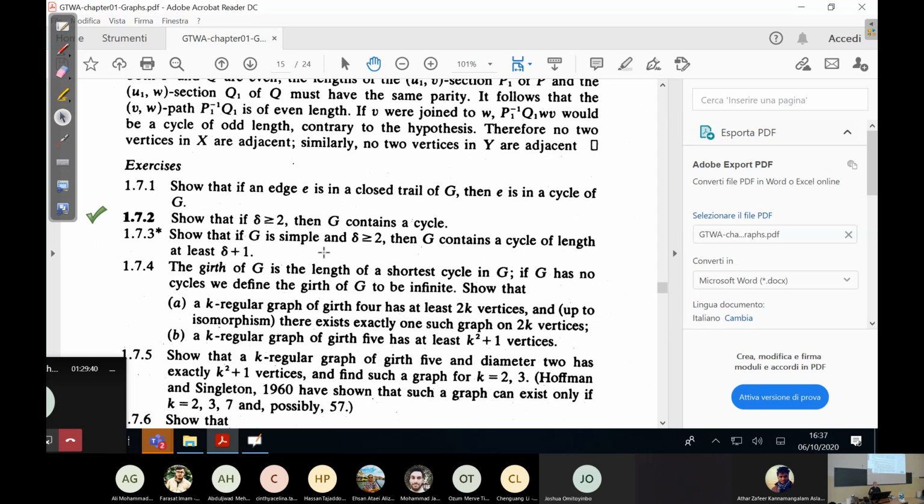Okay, go out of this vertex by an edge. You land in a second vertex, okay? But in this second vertex, you have an escape road. Why? Because also for this vertex, the degree is at least 2.